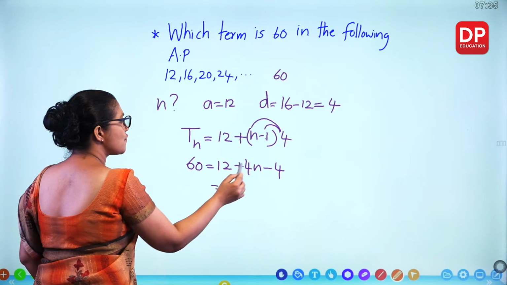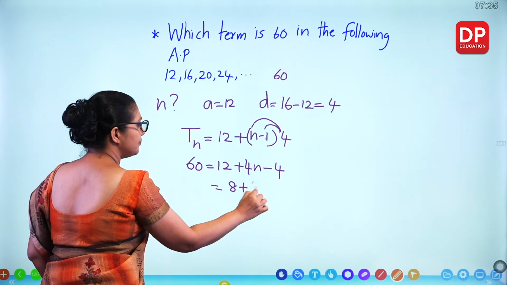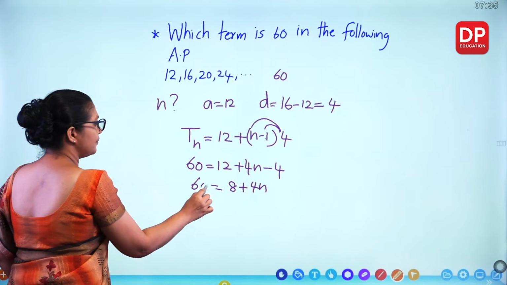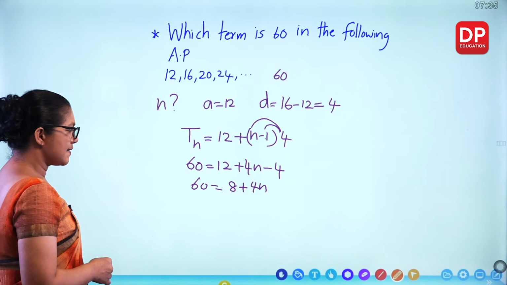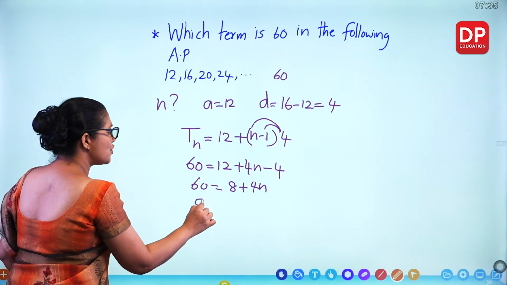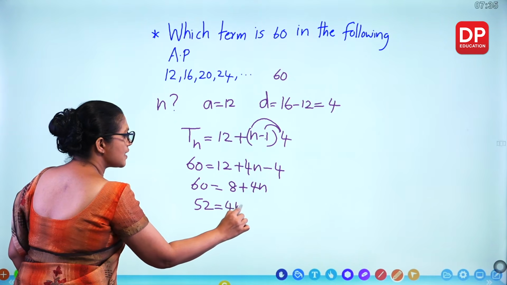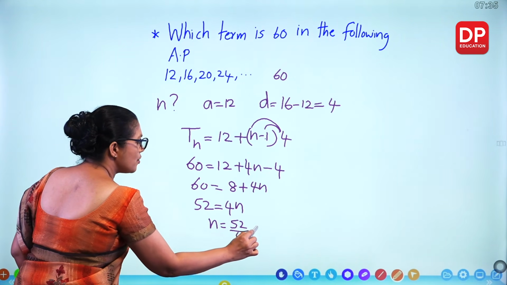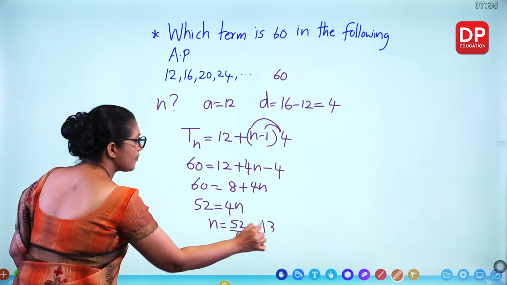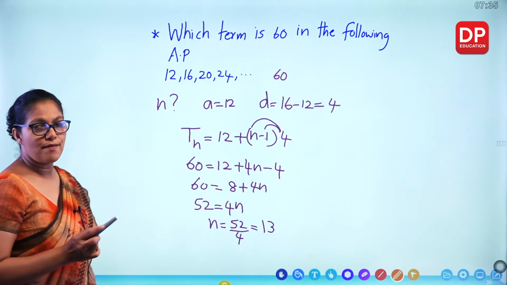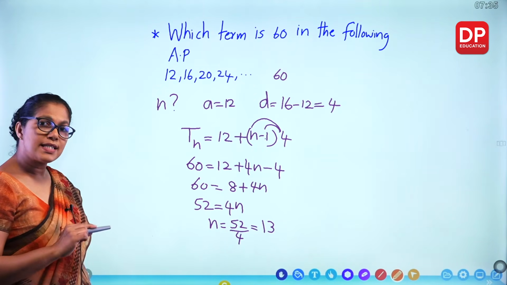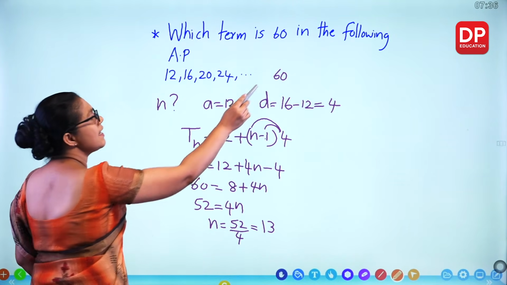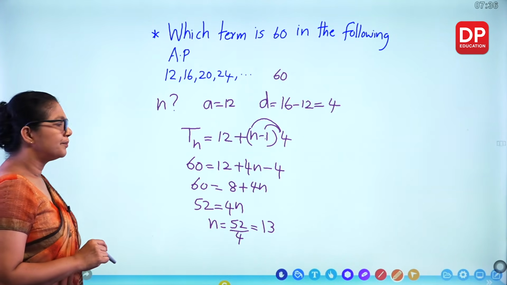So 12 minus 4 is 8. And take 8 to the other side. 60 minus 8, 52. So what is the n value? 52 divided by 4, you get 13 as the n value. So that means the 13th term is 60.